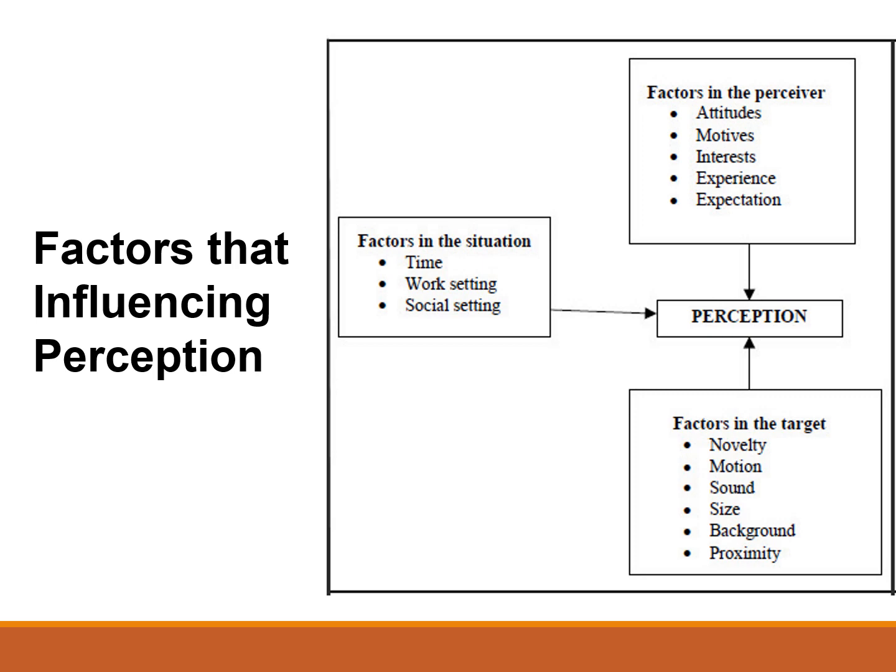And the motion: people pay more attention to moving objects than stationary objects. Example, an infant may catch his eyes on a moving object hanging on the cot rather than a doll lying beside him.